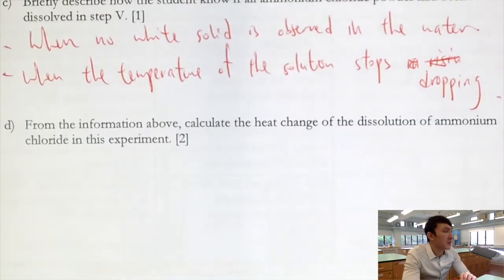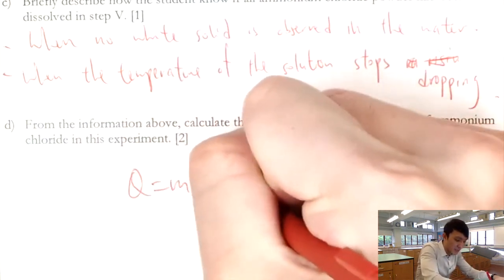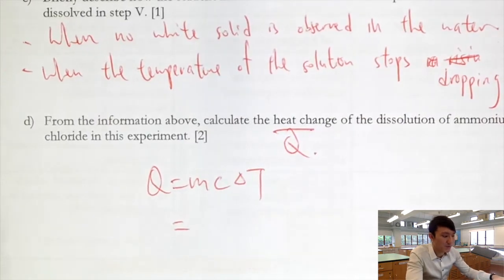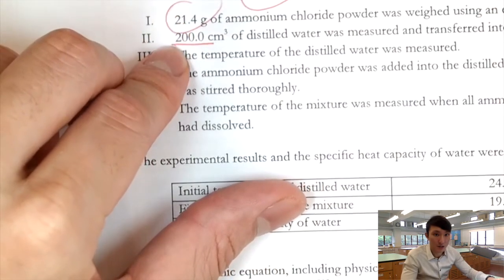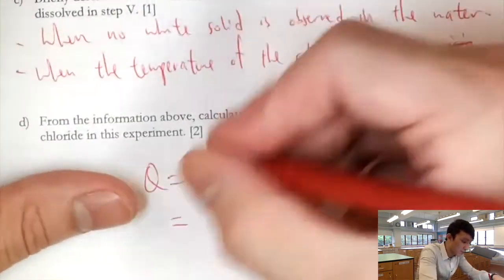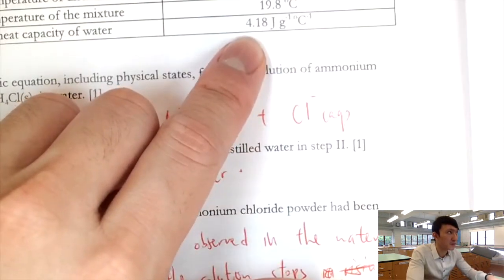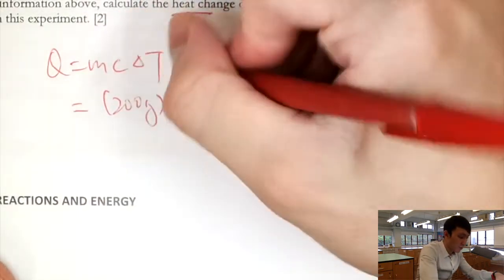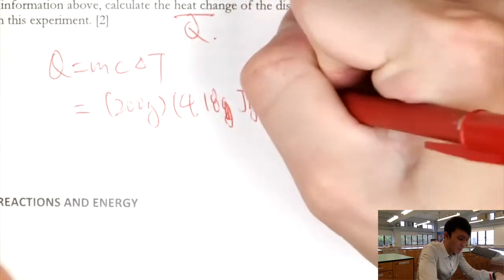Now from the information above, calculate the heat change, which is Q. So Q equals mc delta T. The mass here, remember, we should not put down the mass of ammonium chloride. We should put down the mass of distilled water, okay? So 200 gram. Now C is given from the box here, 4.18 joule per gram per degree Celsius.